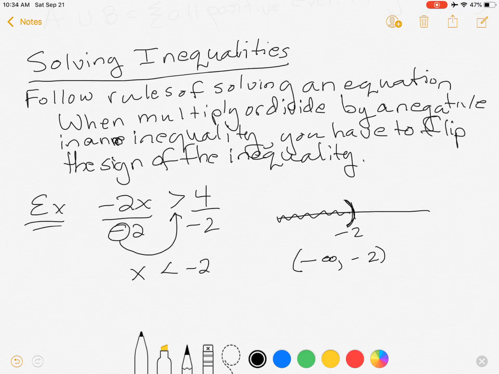Okay, this is why I told you when you were solving equations to make sure you always have the variable on the left, because this one kind of gives you a little bit of a hint. Okay, if it's less than, you can shade left if the variable's on the left. Okay, if it's pointing to the right and the variable's on the left, then you shade right. Okay, so that makes this a little bit easier.